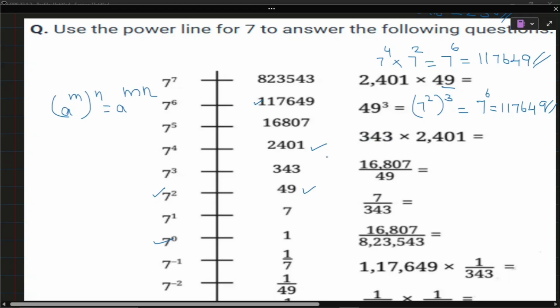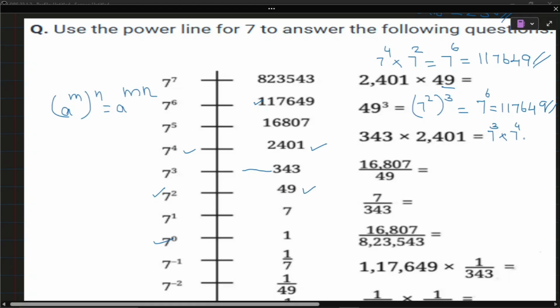Now 343 multiplied with 2401. This is 343, so the corresponding exponential number is 7 cubed. Then multiply with 2401, that number is 7 raised to 4.